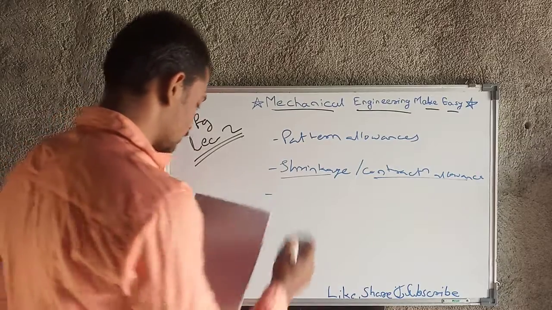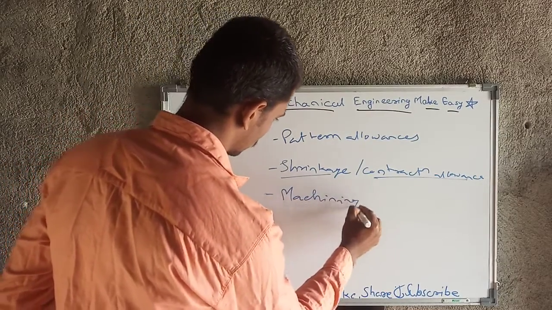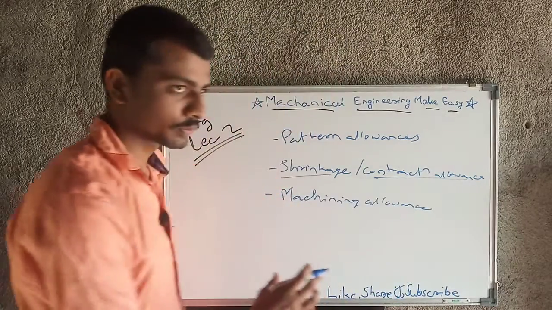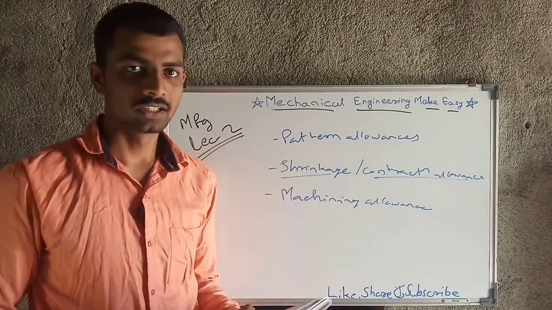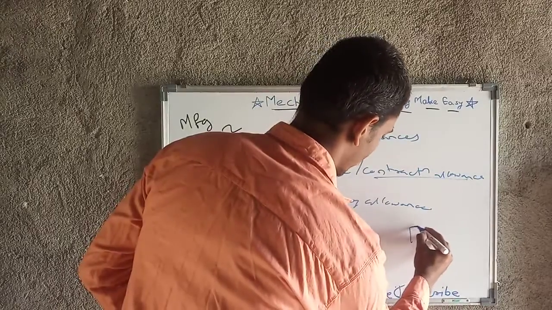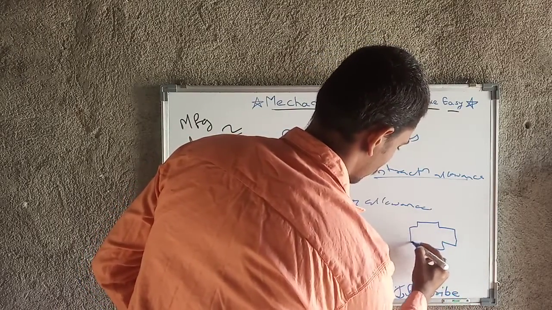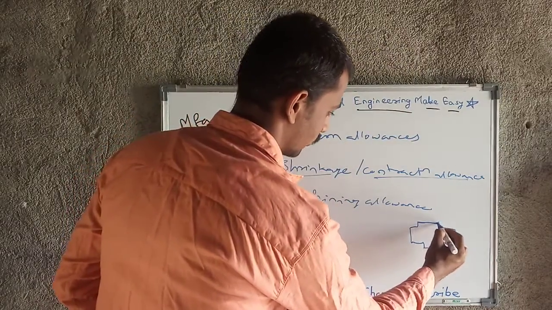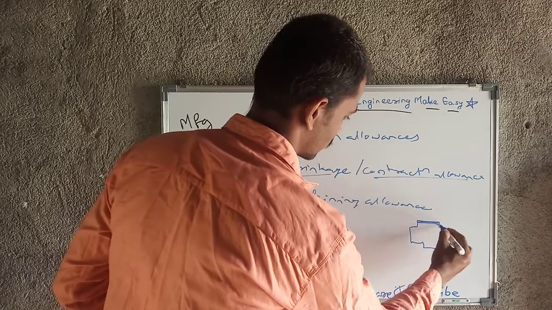Next is machining allowance. This is the allowance required for machining. If we are making a casting, it may have a rough structure, but for giving the proper surface finish we need to machine this product, so we give some machining allowance here.